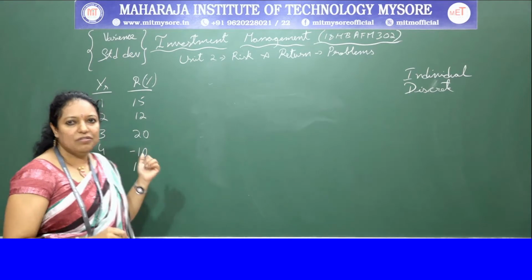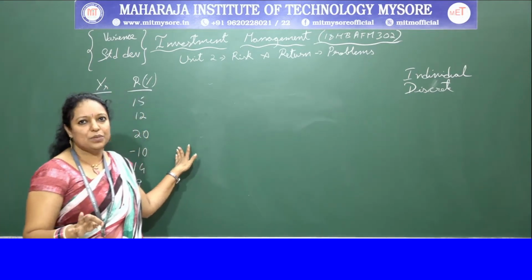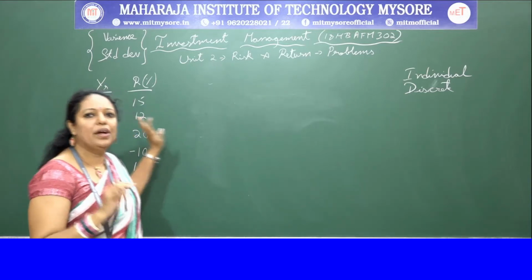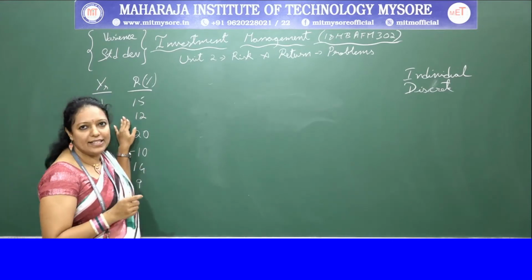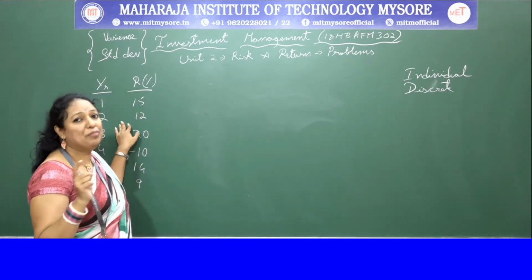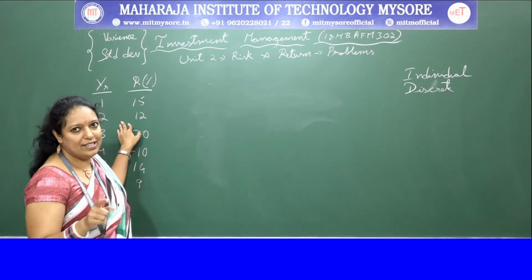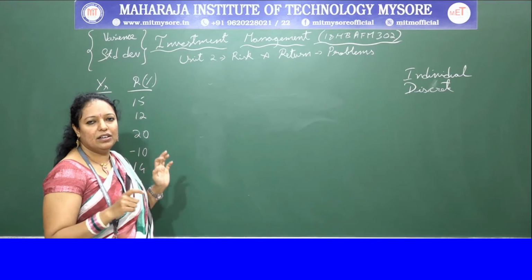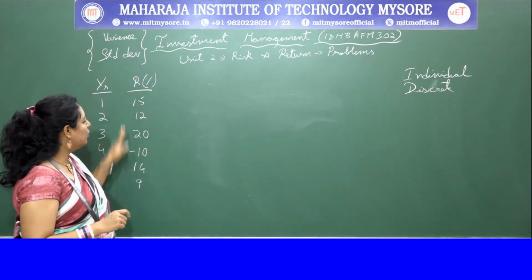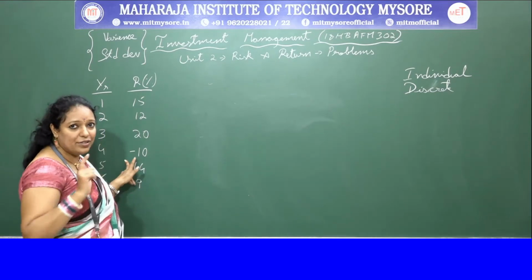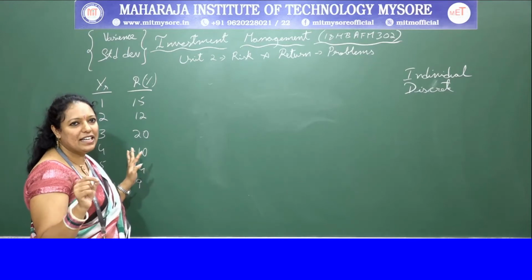To identify whether it is an individual series problem or a discrete series problem: whenever probability is not given, we call it an individual series. If probability is given in the problem, then we call it a discrete series. Here, seeing the year and only one column of return, probability is not given, so we can identify that this is an individual series problem.